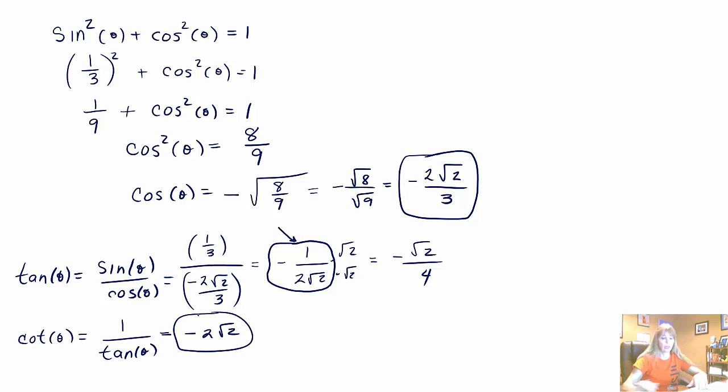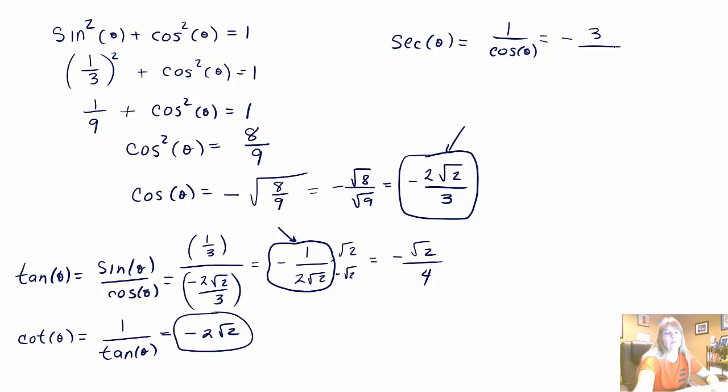Okay, so be sure you realize what I mean when I'm flipping these. I'm doing 1 over that value. Then going up here, let's come over here and do secant, which is 1 over the cosine. So in other words, I go find the cosine wherever it is, and I just flip it. So that's negative 3 over 2 square roots of 2.